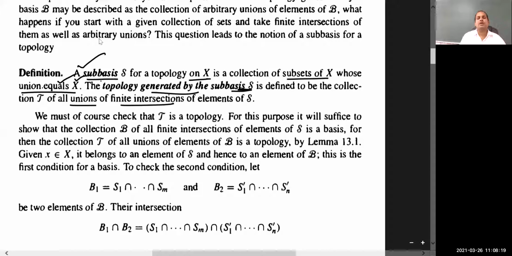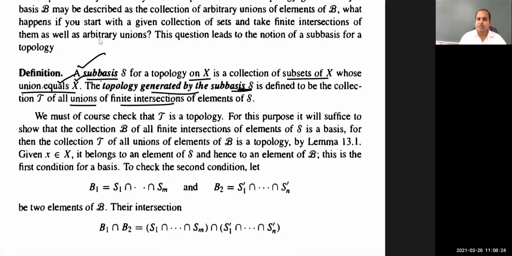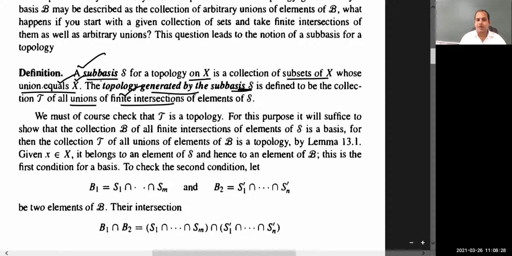So if one is interested in generating a topology from a given sub-basis, first of all we need to take its finite intersections and then take arbitrary unions. That is going to generate the topology.